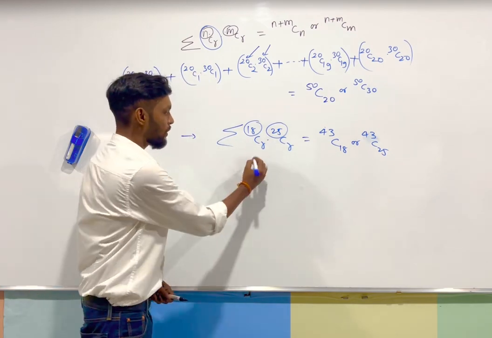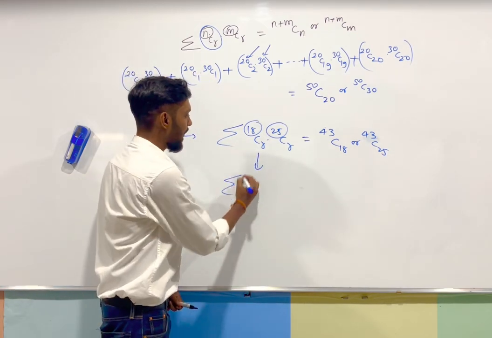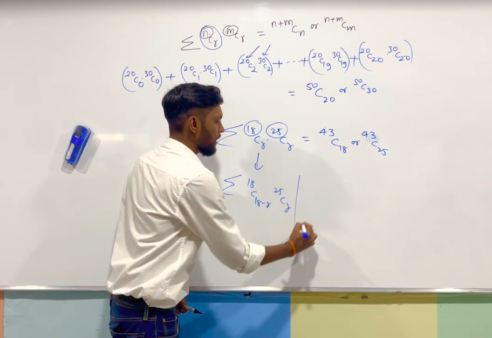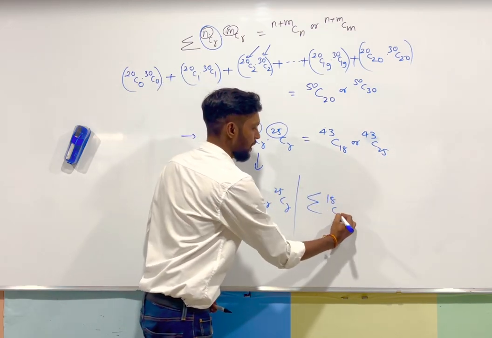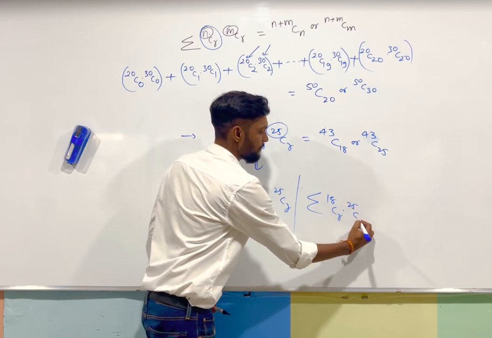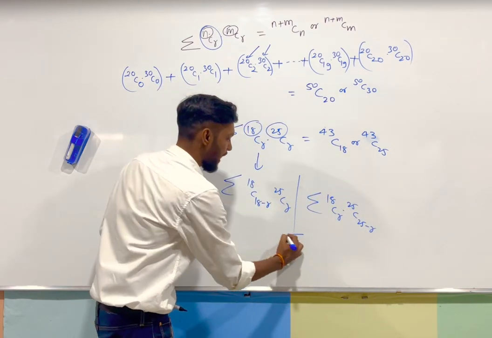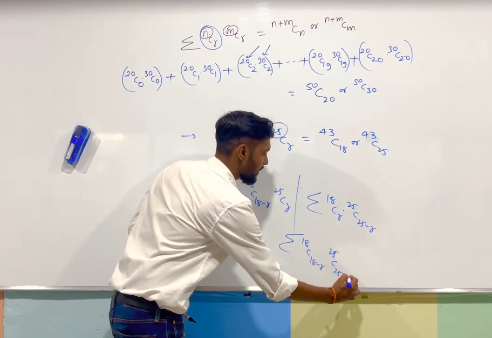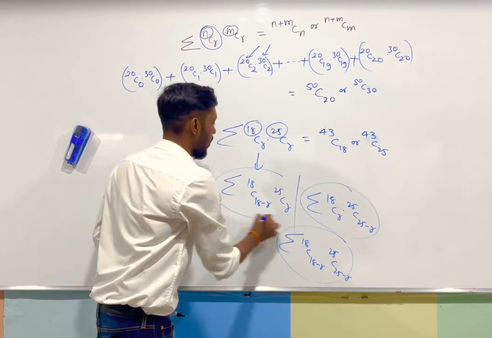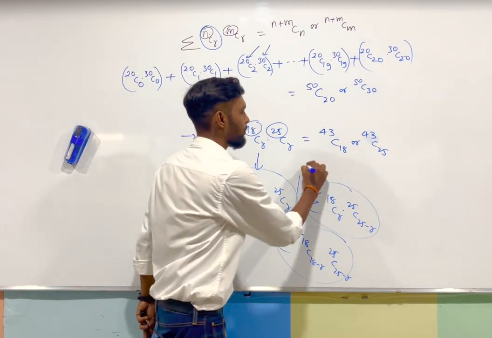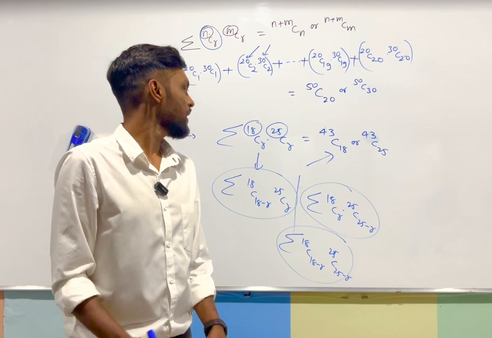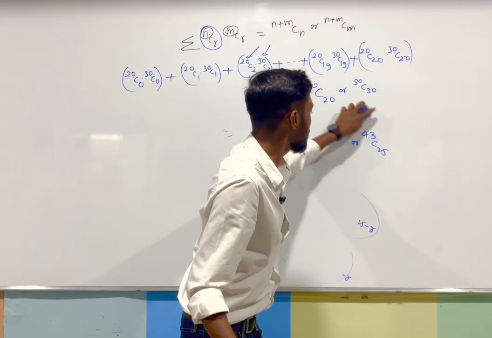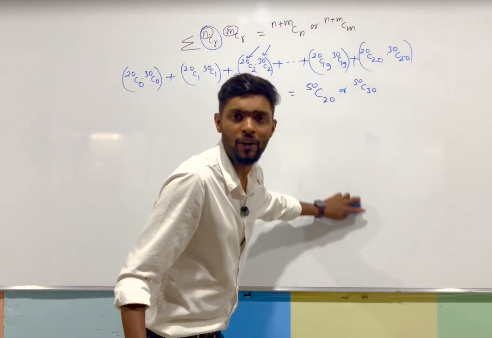In the exam, to confuse you, they can write 18Cr as 18C(18 minus r), or 25C(25 minus r), or they can write 18C(18 minus r), 25C(25 minus r). All of these series are the same, and that would be equal to 43C18. Okay, so we understood this part, but we are here for a different purpose.